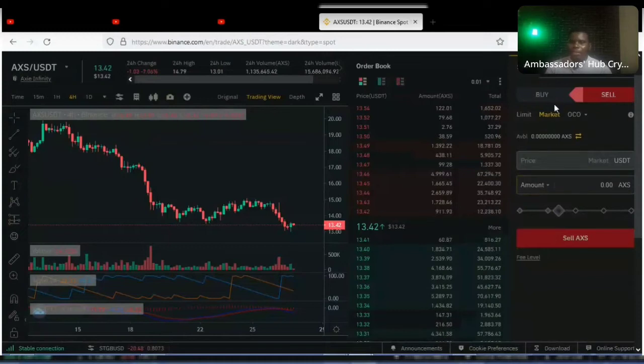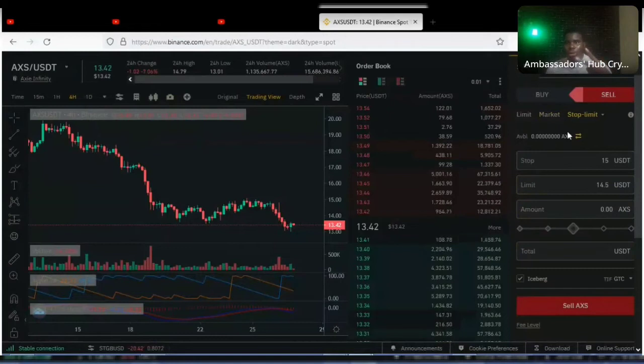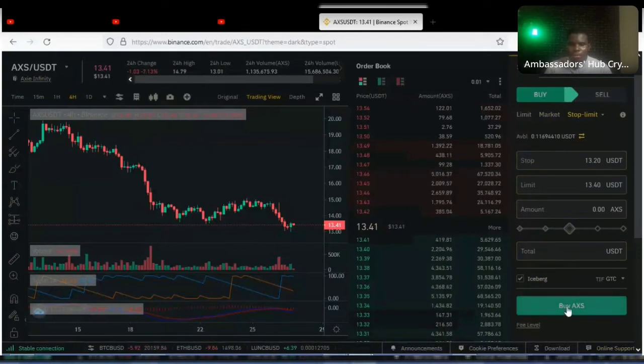Then after that, we have the stop limit. Stop limit order has two orders in it. It has your entry and your take profit only. So let's say you want the market to buy for you at 13.40.